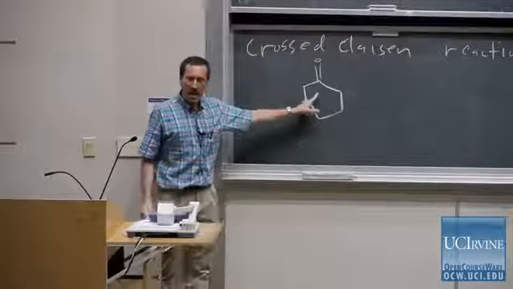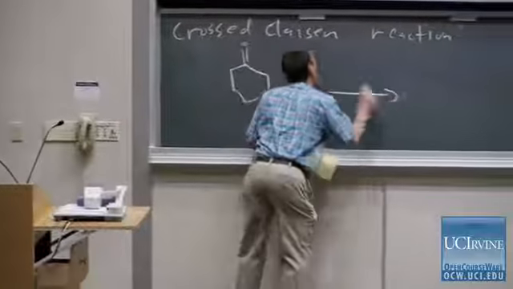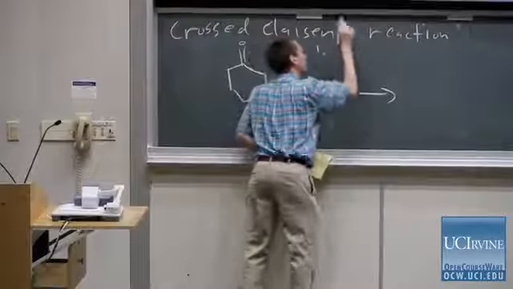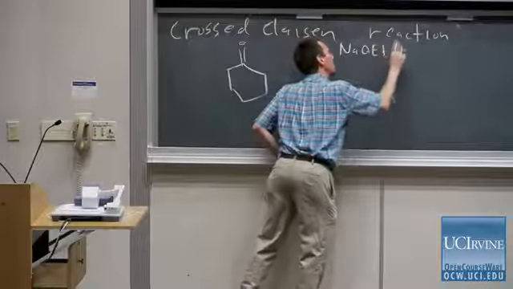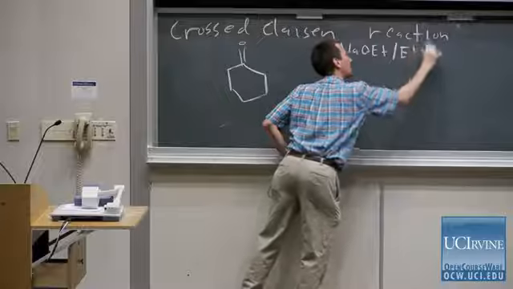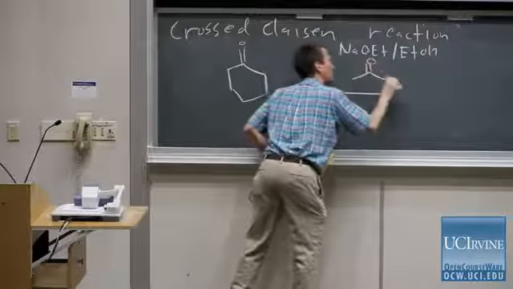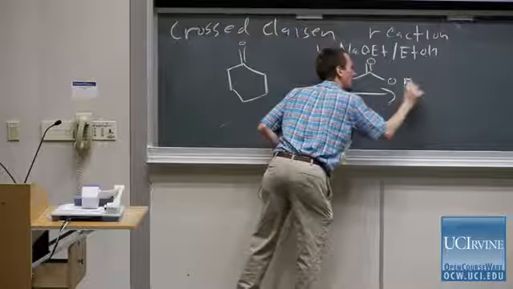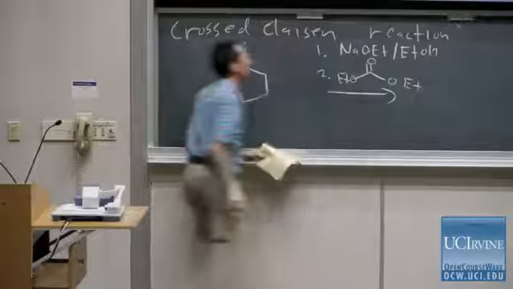So, cyclohexanone, simple compound. This is just a riff on the example above. Treat this with sodium ethoxide in ethanol, and then treat it with diethyl carbonate. Now, diethyl carbonate is the diethyl ester of carbonic acid.